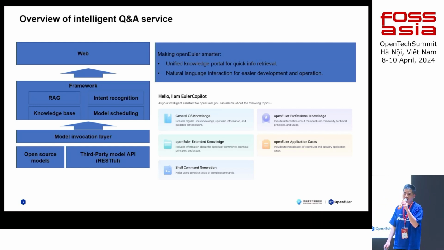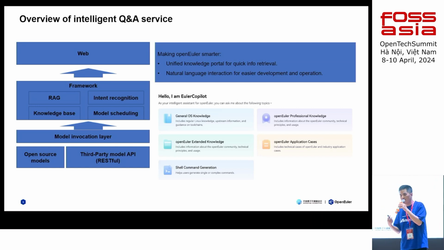We have implemented local open source models, which are available at Hugging Face, and we also implemented third-party commercial APIs, like ChatGPT or other commercial models released by many other companies.